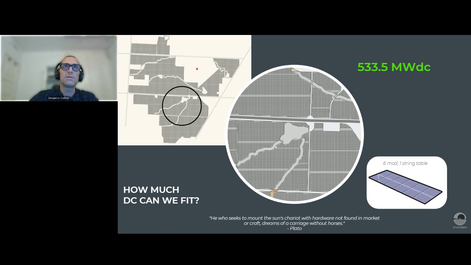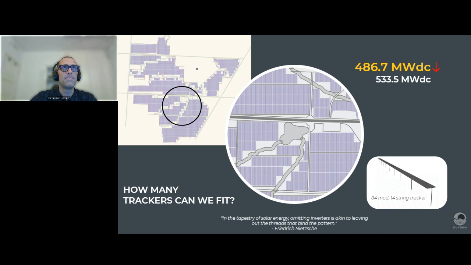But this does set the upper bound. We have 533 megawatts DC for this 2,100 acre site, and that sets the upper limit of what we might achieve as we go through this process. If you remember, our target here is 490, so we'll reference that as we go through this.